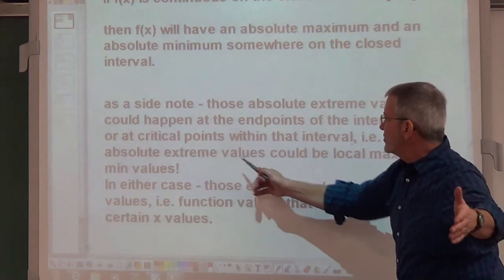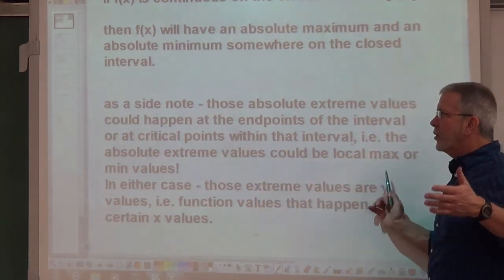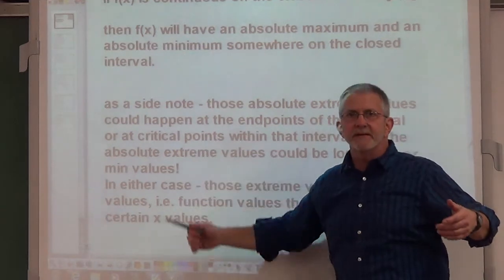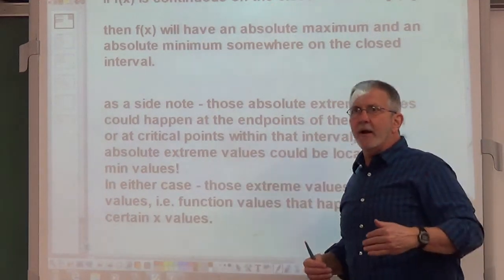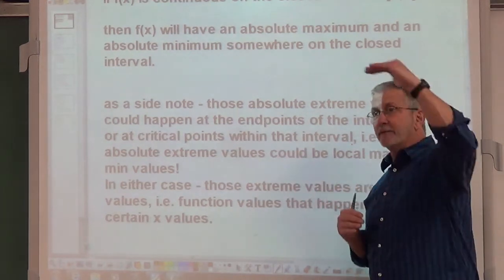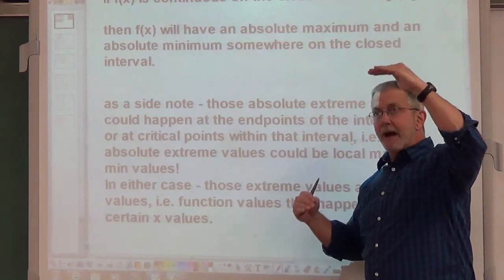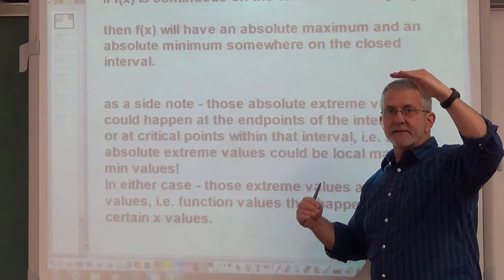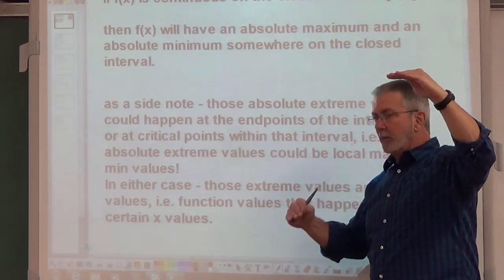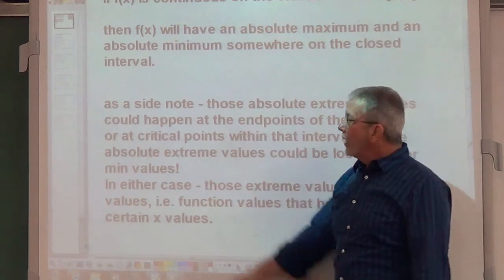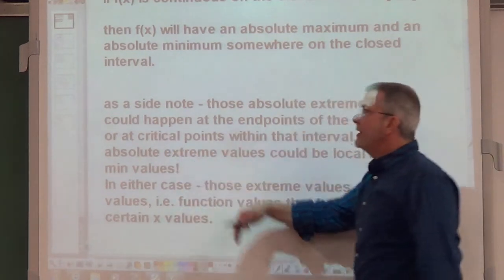The absolute extreme values could be a local max or local minimum. If they can happen at the critical points, well, Fermat told us that if you have a local max or a local min, then those are critical points. Those critical points could be absolute.